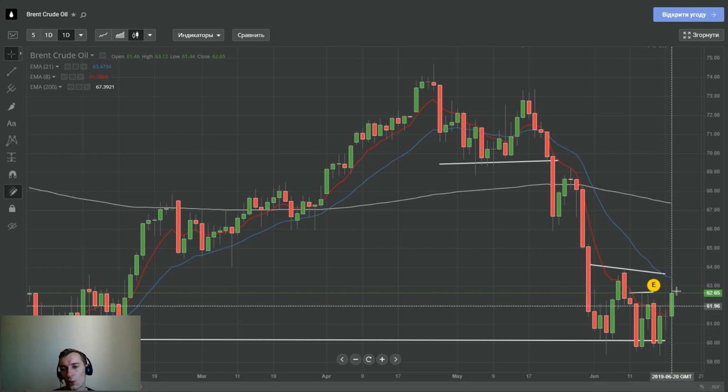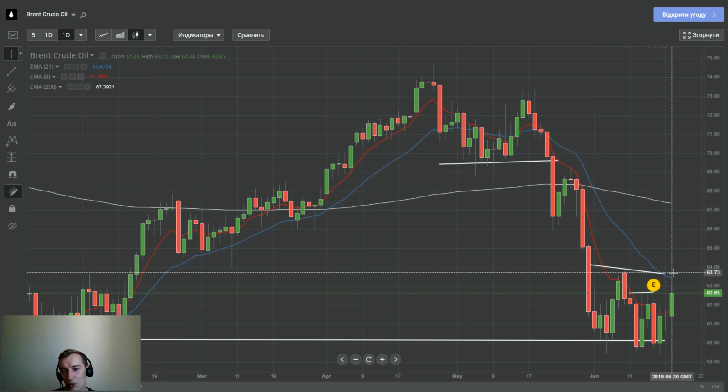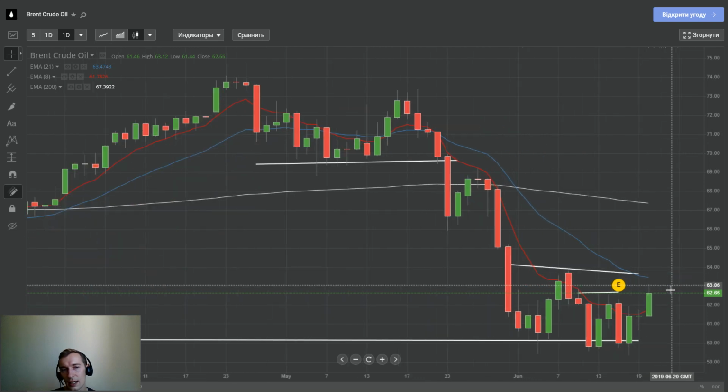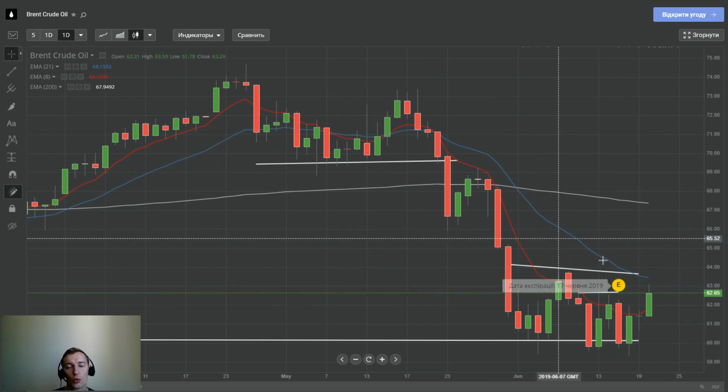So for now, we are trying to test this 21 moving average zone. It's our resistance around $64. So I don't want to buy Brent crude oil because it's very weak. It's still below moving averages.